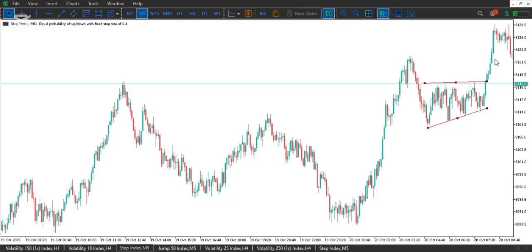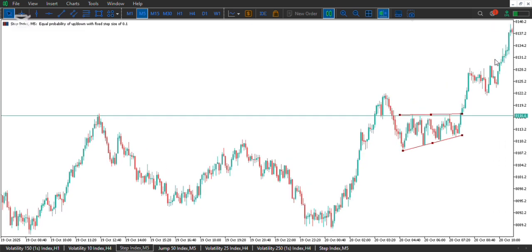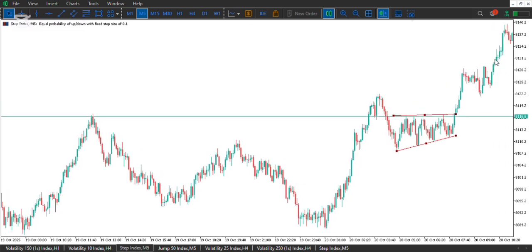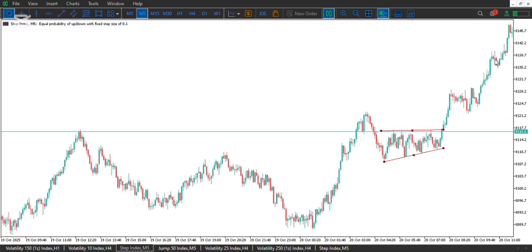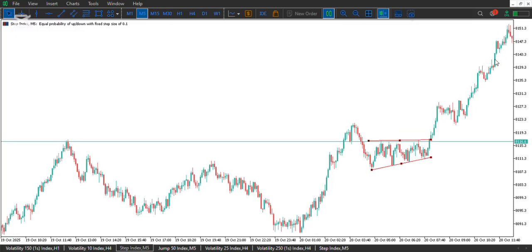I traded this on that particular day, and I made a lot of profit from it, because one thing I have noticed about the rising triangle is that the reliability of the pattern is a lot better than a lot of other chart patterns we trade.